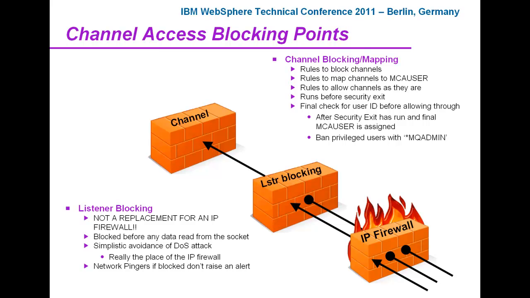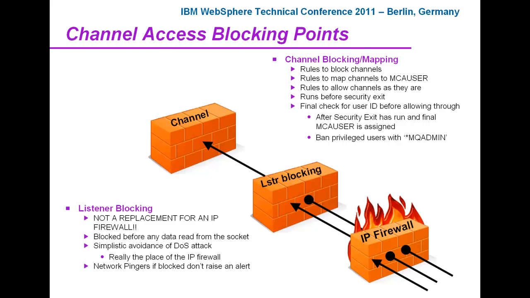The next thing, if you're allowed through the firewall and you're allowed past the listener, is that there are a number of rules, both blocking and mapping rules, at the channel level. So there are rules to block channels, rules to map channels to a particular MCA user, or rules to allow the channels through using the user ID that the channel already has. For example, the client asserted one, or the one on the MCA user in the channel definition.